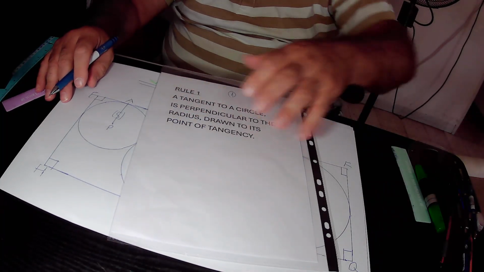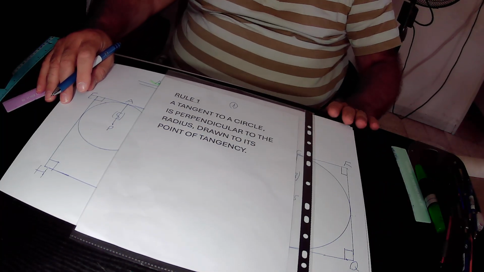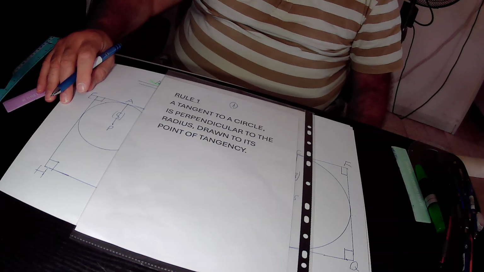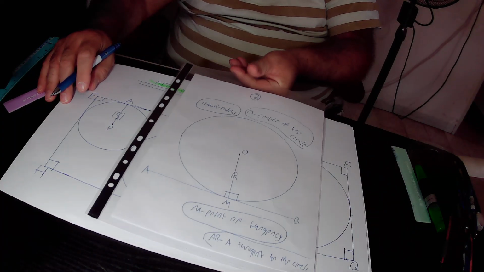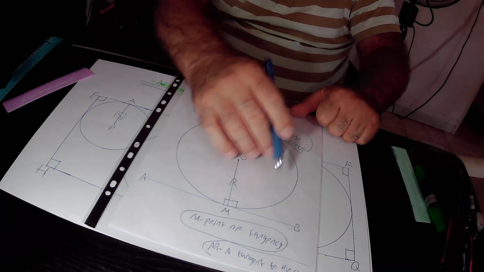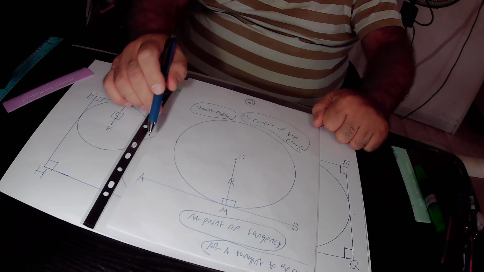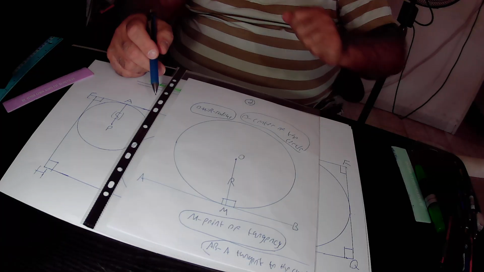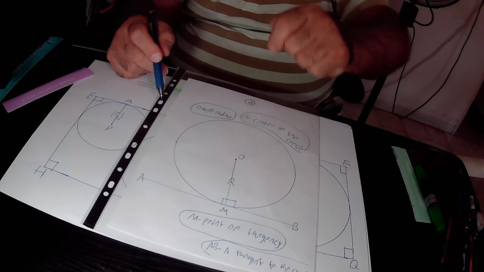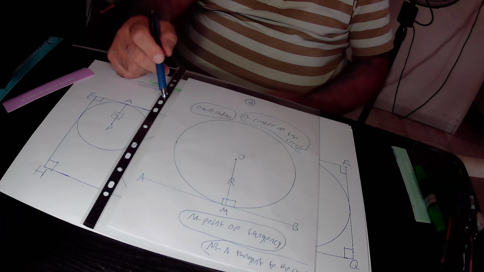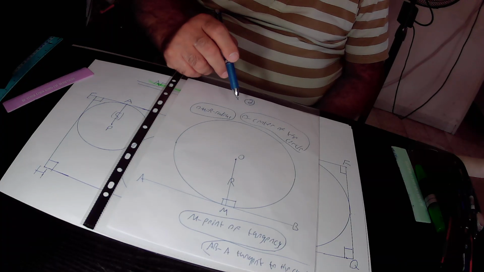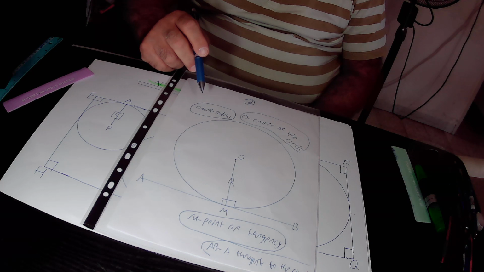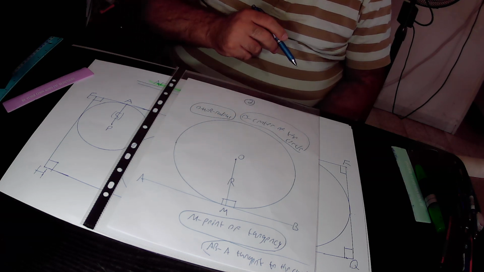According to rule 1, a tangent to a circle is perpendicular to the radius drawn to its point of tangency. In the drawing, we have a circle. This is tangent AB, that is tangent to the circle at point M. In addition, we have the radius OM that equals R. The radius OM is drawn to point M, the point of tangency of tangent AB with this circle.